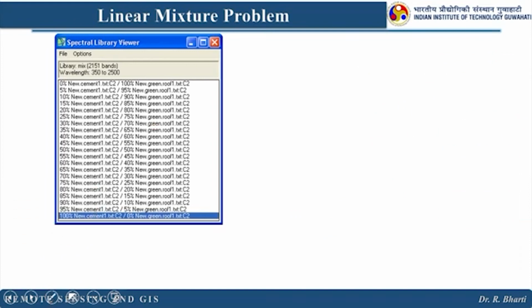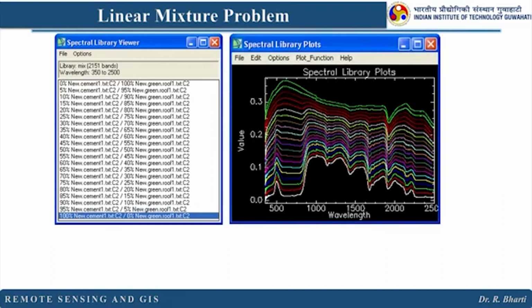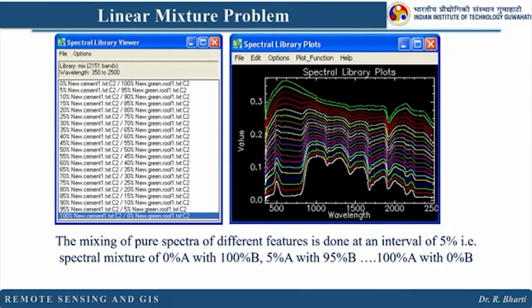So, here this is one example where I am showing that you can add these materials in different proportions. So, if you use maybe 0% A and 100% B, or 5% A, 95% B, or you can increase at intervals of 5% or 1%, then it will be for only two materials.